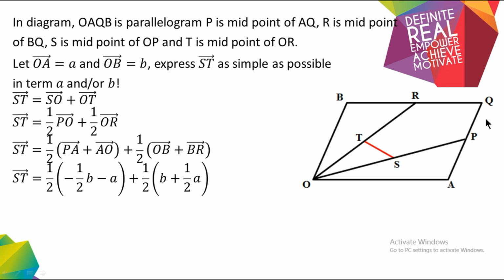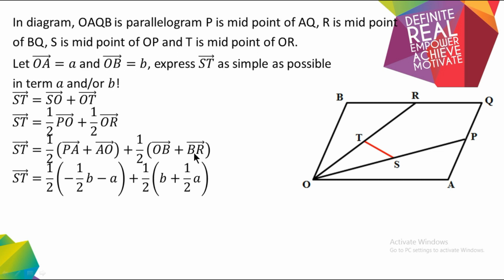So vector PA is a half of QA, is a half of BO, is a half of negative b because they have the opposite direction. So PA equals a half of b. Now vector AO is the negative of vector a because vector a is OA. Now vector OB equals vector b, as given here.